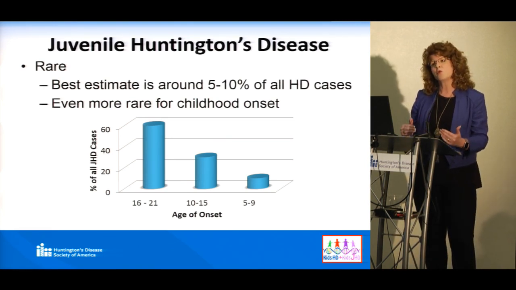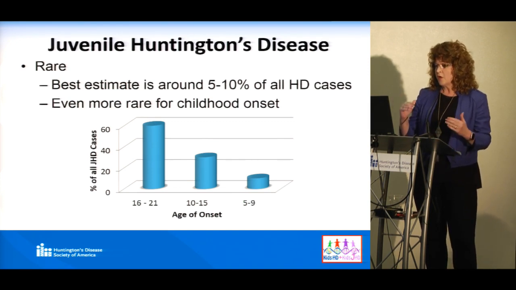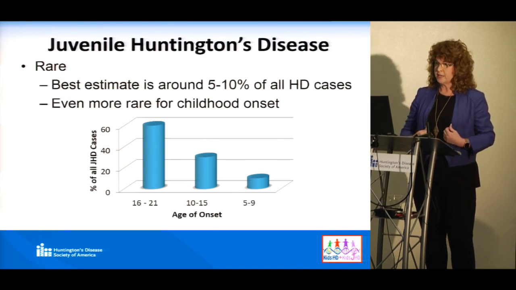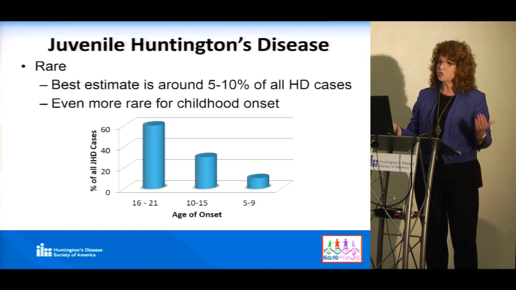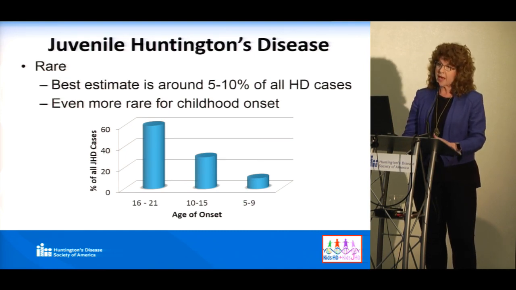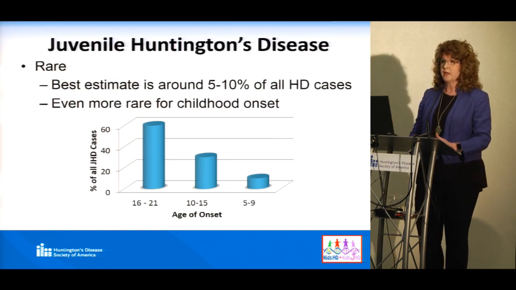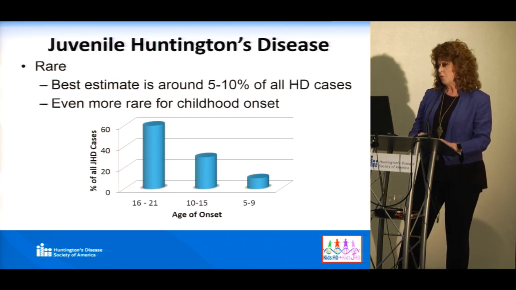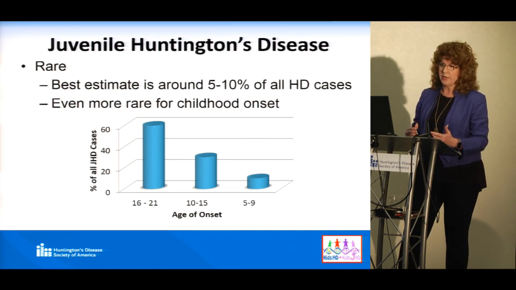And then it's even more rare for childhood onset. This is just a graph that shows you the percentage of all JHD cases. If you take all JHD cases, most of them are going to be adolescent onset. And then some will be younger, 10 to 15. And then, of course, the most rare will be those that develop it very early in life, 5 to 9.